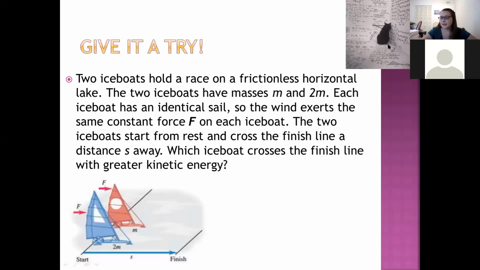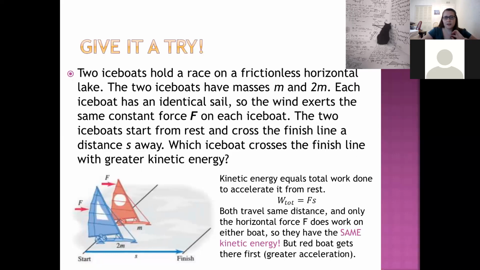So thinking about this, we know that mass does affect the kinetic energy that something has, right? Kinetic energy is 1/2 times mass times velocity squared. As we think through this, though, we have to remember that, thanks to the work-energy theorem, kinetic energy equals the total work done to accelerate that ice boat from rest.